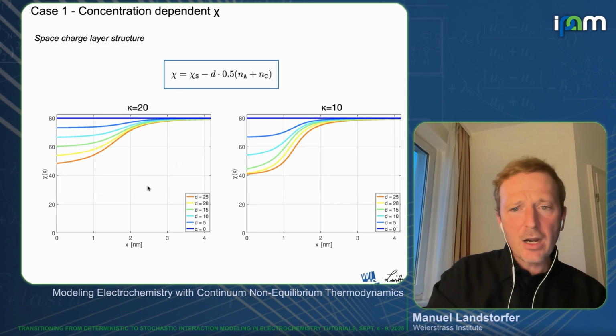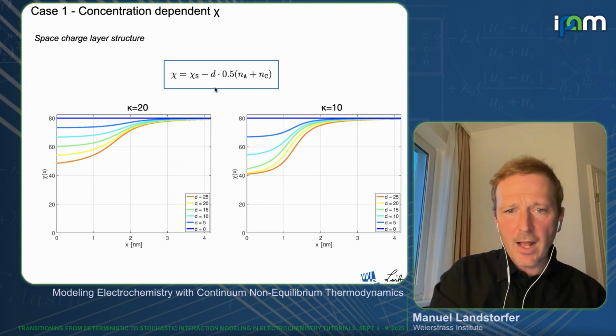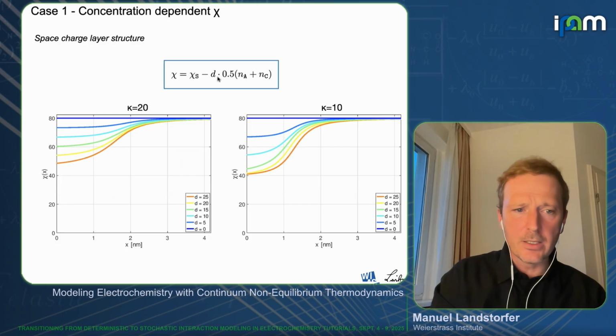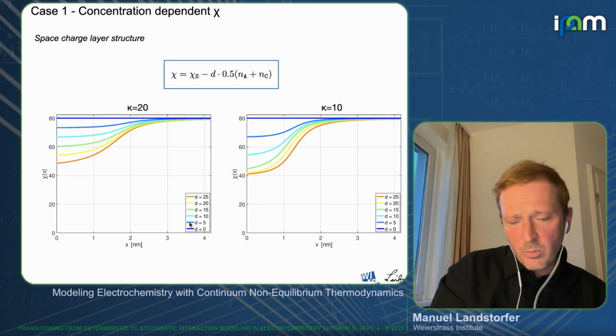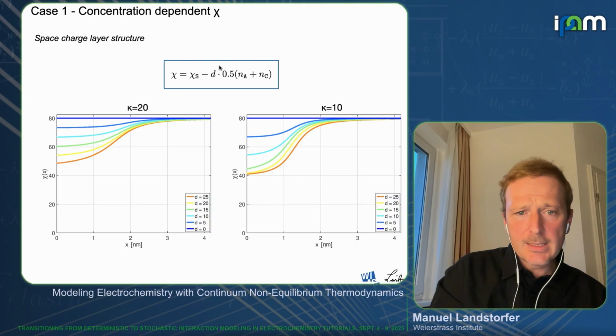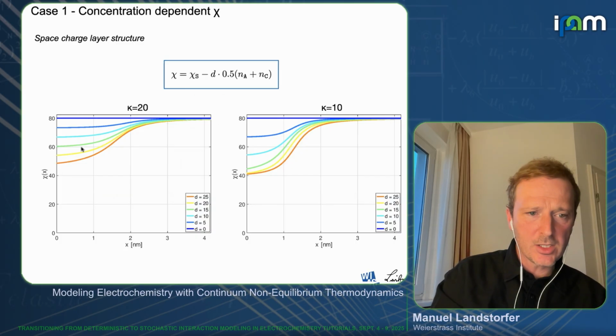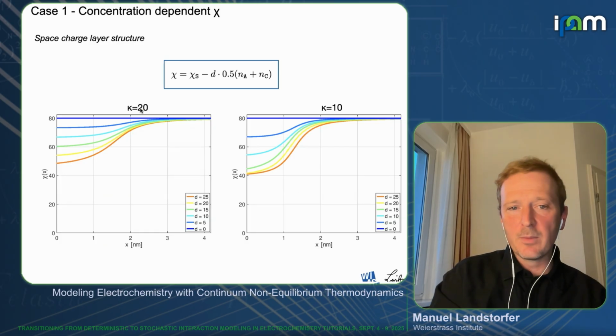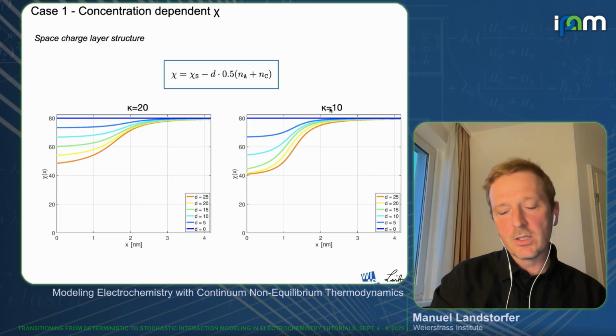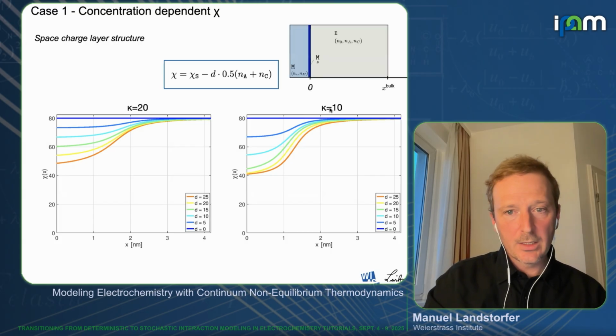Here is now a parameter study for different values of this scaling parameter d. As expected, if you increase the scaling parameter d, you can really see how the dielectric constant in space charge layers decreases from the bulk value of 80 down to values of 50 or 40, depending on the solvation number. Here is for solvation number 20, and here is for solvation number 10.